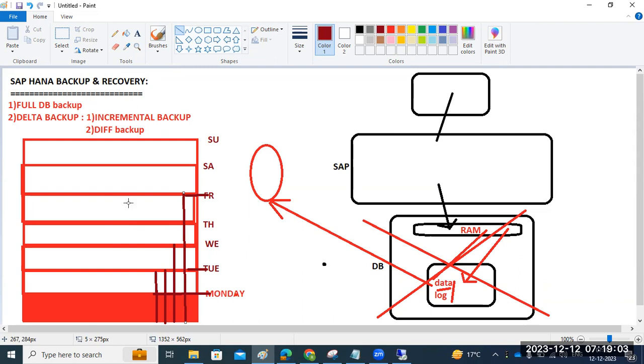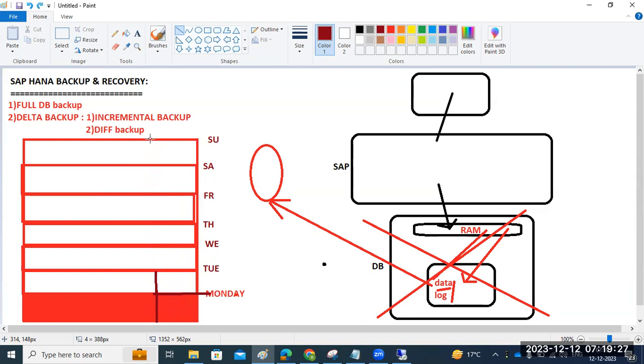Is this clear? Complete database backup means the total database backup. Suppose you are taking it on Sunday and this much data got increased, then from the start up to here your data will be backed up. That is called the full database backup.